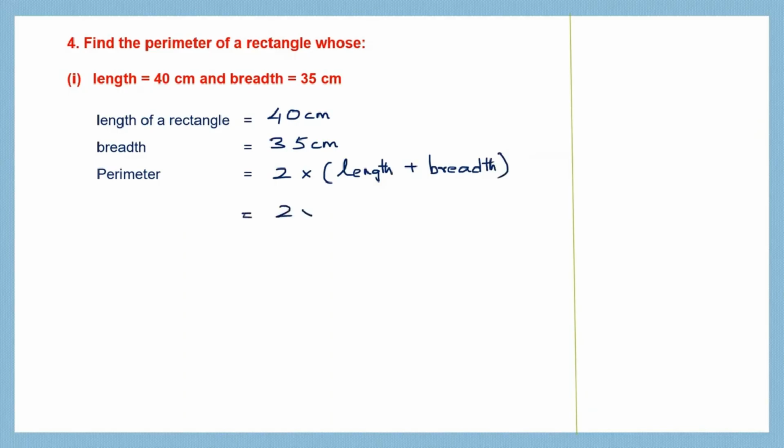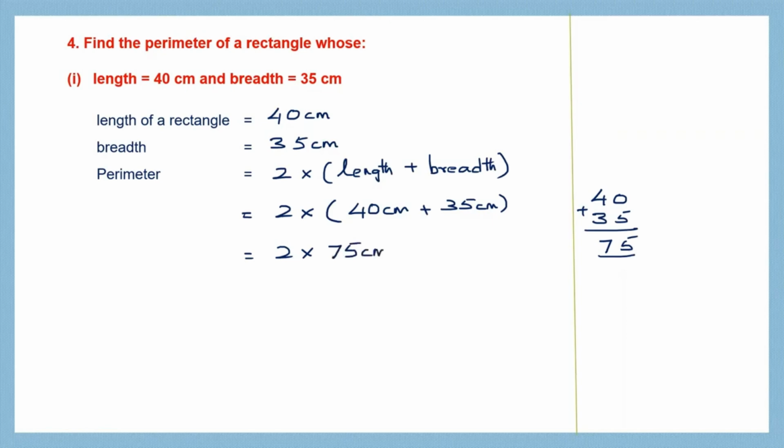So 2 into, let's substitute the values. Length is 40 centimeters and the breadth is 35 centimeters. Now 2 into, add up 40 and 35. 40 plus 35. So we have 5. 4 plus 3 is 7. That's 75. 2 into 75 centimeters.